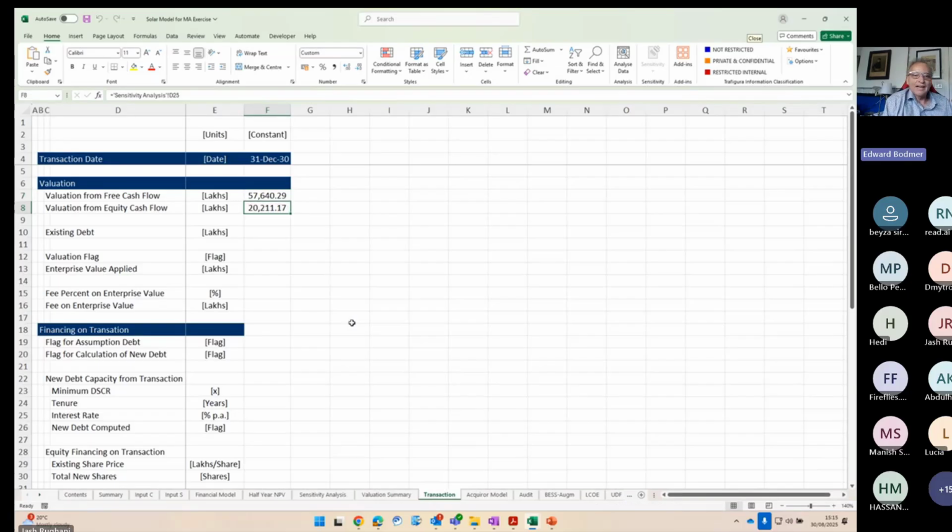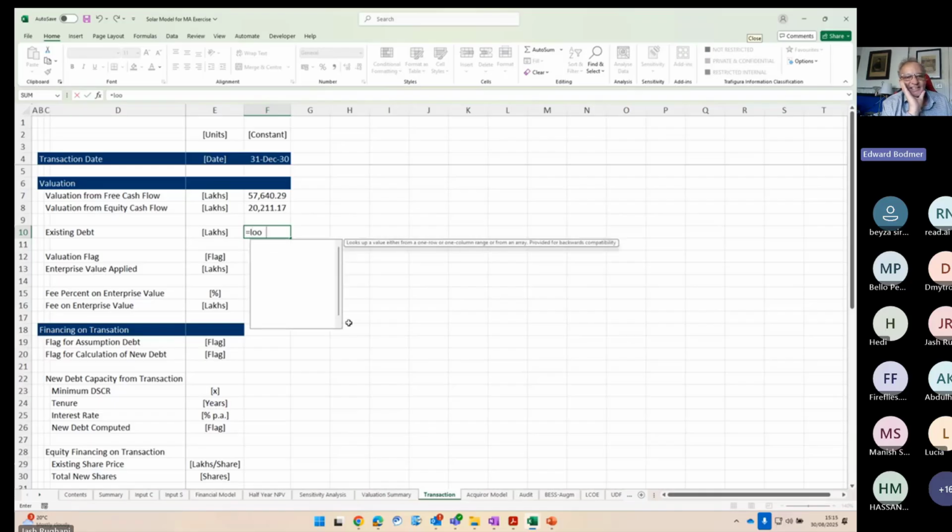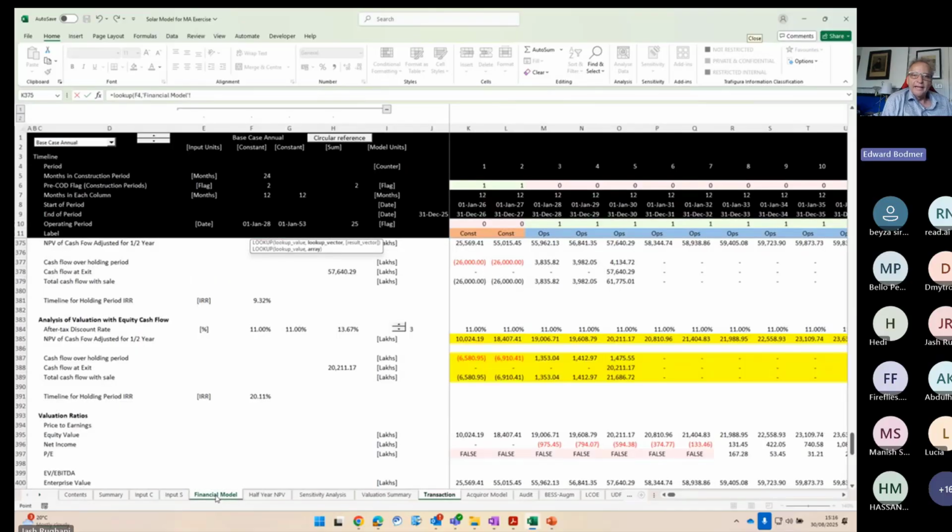Now let's find out how much debt they had in the project. This time we're going to go crazy. Put equal lookup. Again, this is controversial, but go up to that 31 December date up in line 4, then put a comma, no F4 needed. Go to the financial model and click on the entire line 9.